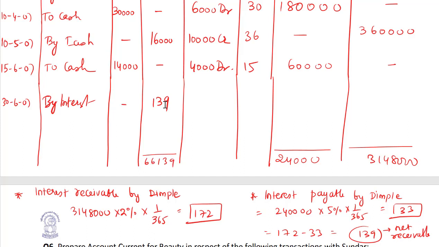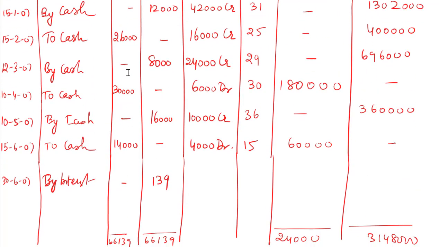66,139 minus 14,000 minus 30,000 minus 26,000 minus 14,000 minus 30,000 minus 26,000. On the debit side, 3869, the balancing figure, by balance carried down, closing date 3607.